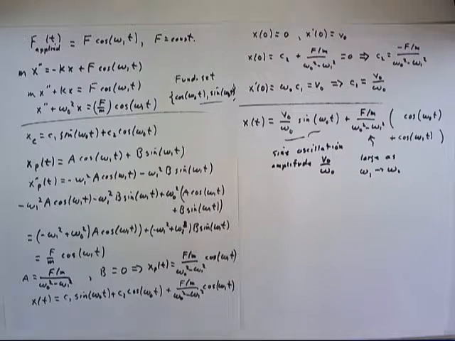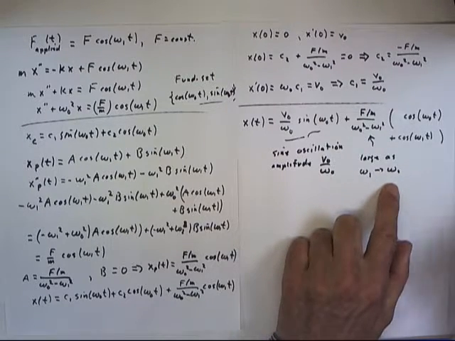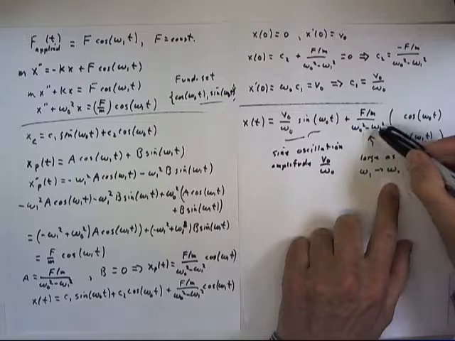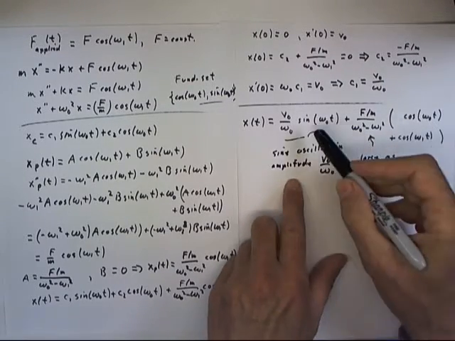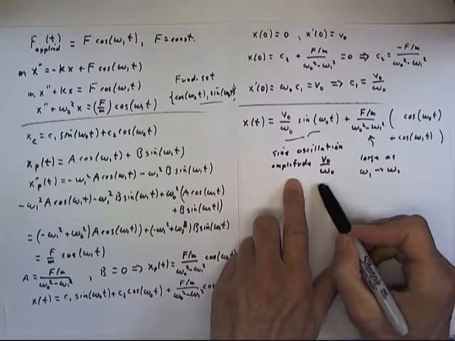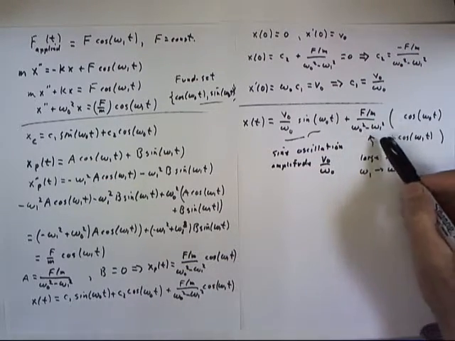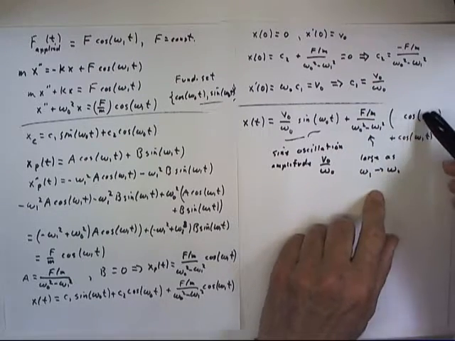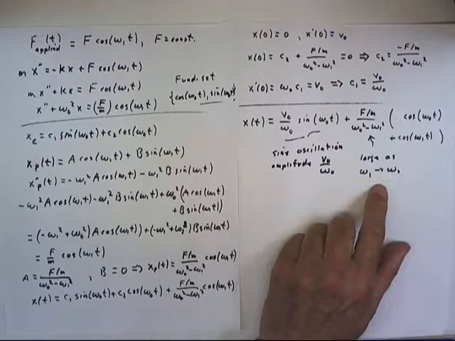We then conjecture that if omega 1 isn't close to omega naught, this denominator is going to tend to be larger, and this term isn't going to be as significant, so that we just have a simple sine oscillation. However, if omega naught is close to omega 1, this term becomes more important, and we'll see how that works out.